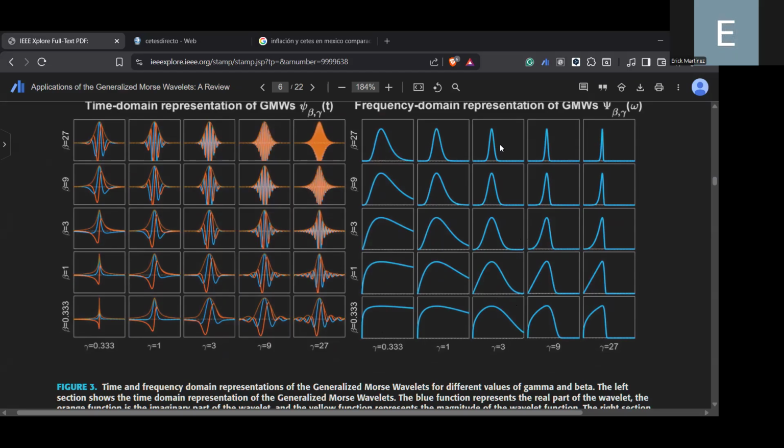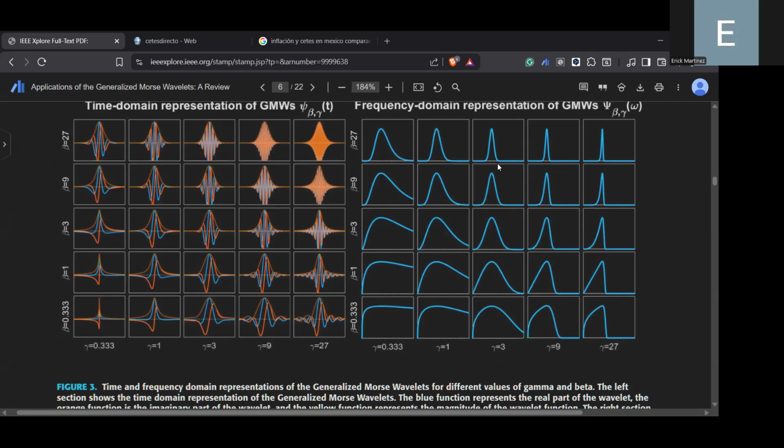But you can appreciate that when gamma equals 3, we have a more symmetric behavior. It behaves like a normal distribution. Now, if you have some statistical background, you will see that these wavelet functions behave very similarly to bandpass filters, which will have a more symmetric distribution in the frequency domain.